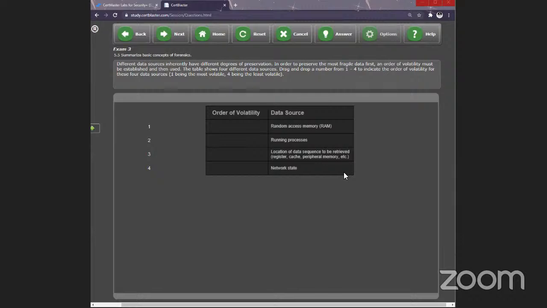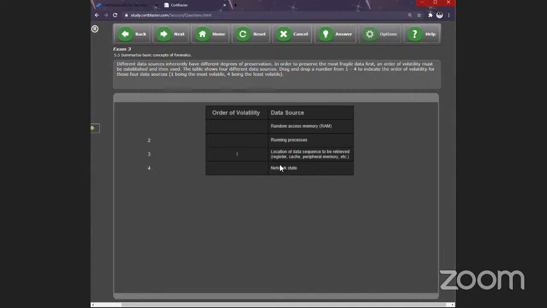All right. So the register to cache would be the most volatile. Cache is most volatile because this is where our active memory is.